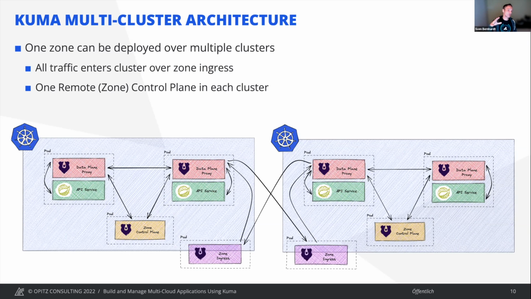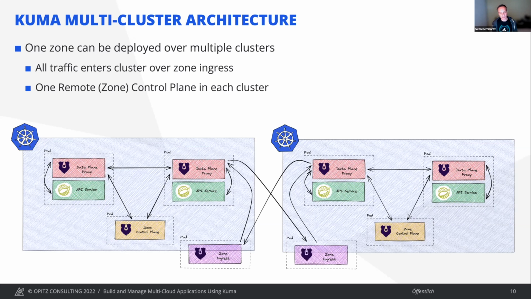And the global control plane is controlling the zone control planes. So you do all the configurations using this global control plane, and the zone or remote control planes are managing all the services within a specific zone.